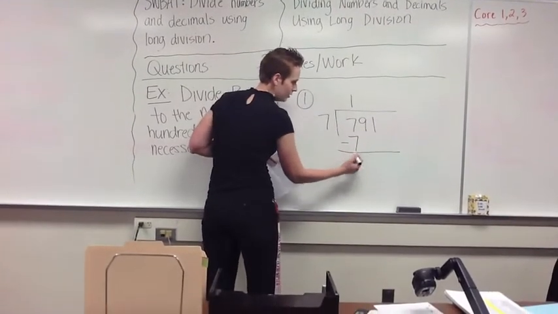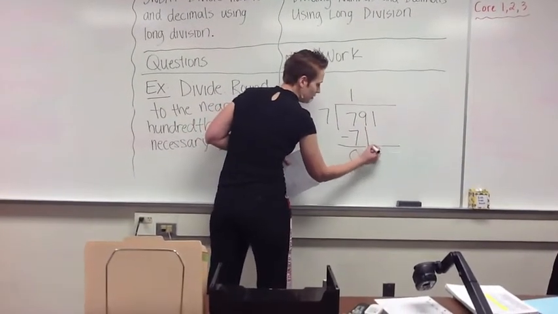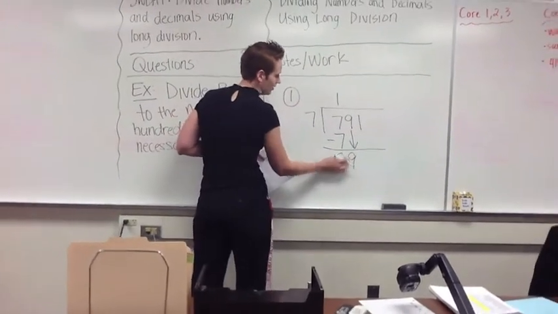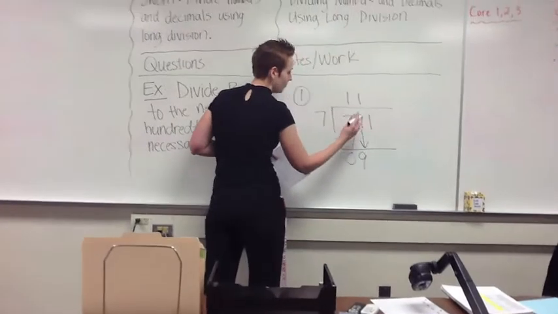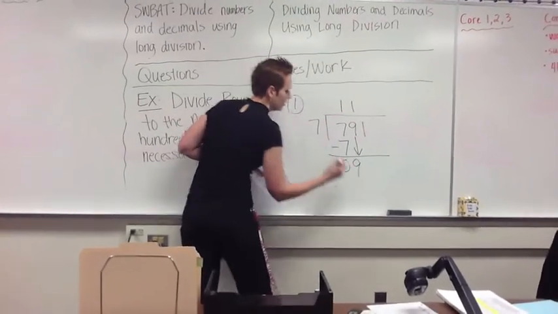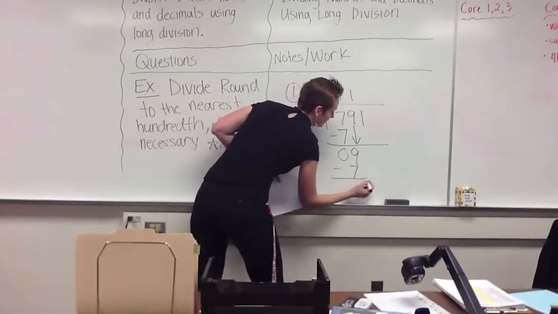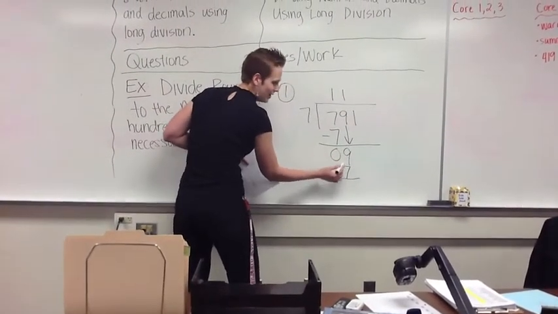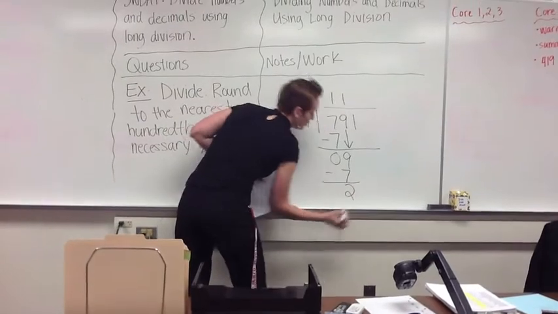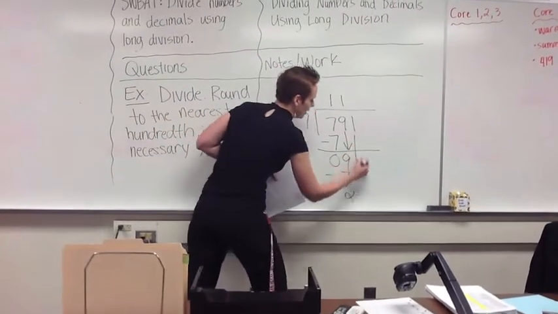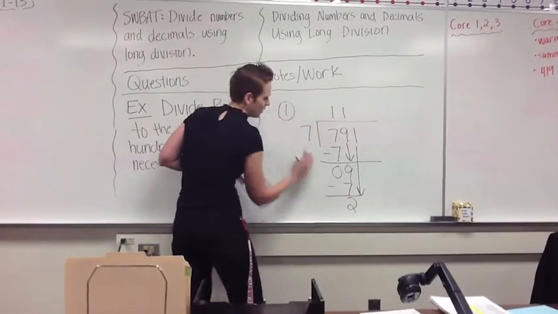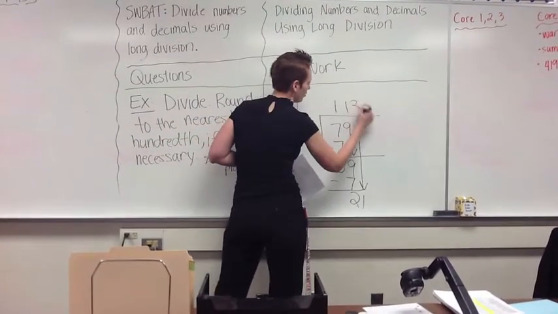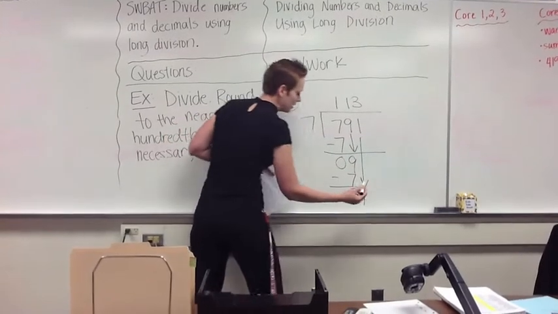Subtract here, and you're going to bring down your 9. 7 goes into 9 one time. 1 times 7 is 7. 9 minus 7 is 2. And you're going to bring down this 1. 7 goes into 21, 3 whole times, and it goes nice.